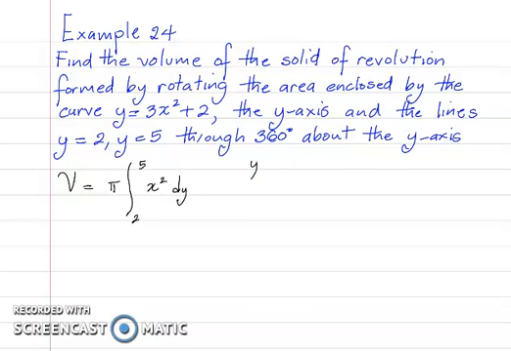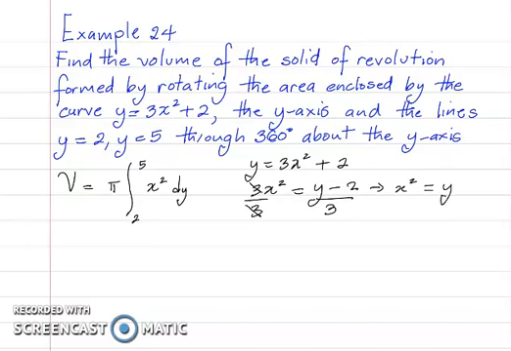Again, we have y is equal to 3x squared plus 2, and so we'll need x squared in terms of y. We're going to have that 3x squared is equal to y minus 2, divide both sides by 3, and we have x squared is equal to y minus 2 over 3.